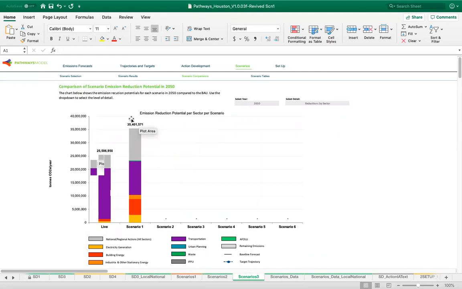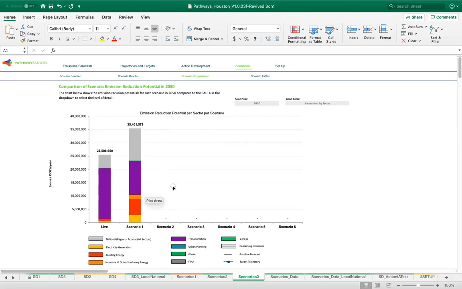Before I started making changes, I'd saved it as scenario 1. So we were achieving 35,000 tons of reductions, and now because I made some changes to, most of all, the electricity generation, I've now only achieved 25,000 tons of reductions, but I've also managed to increase to some extent the settings for transportation.